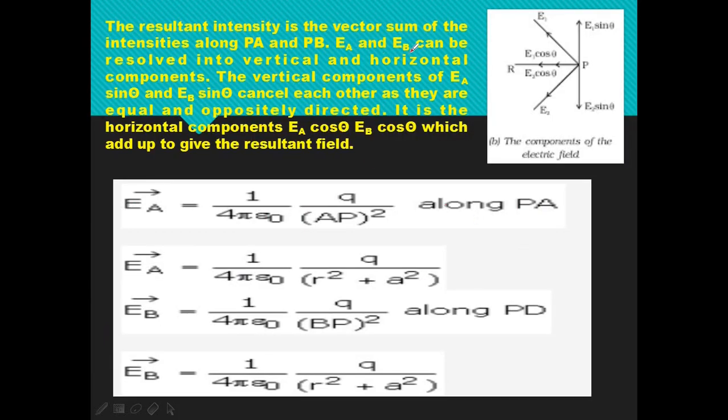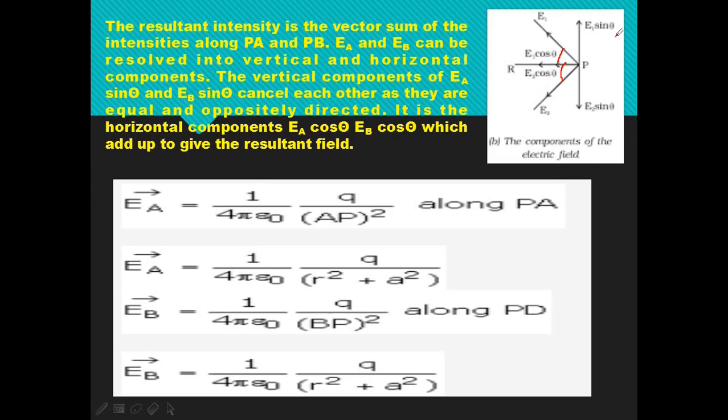Now EA and EB can be resolved into vertical and horizontal components. Here the angle is theta. This is E cos theta and this is also E cos theta, and this is E sin theta and this is E sin theta. Now the electric field is resolved into two components, E cos theta and E sin theta.